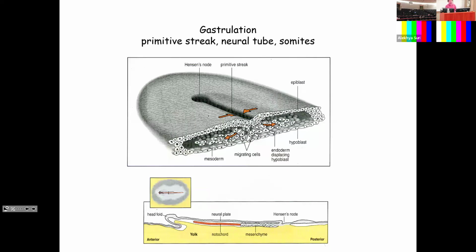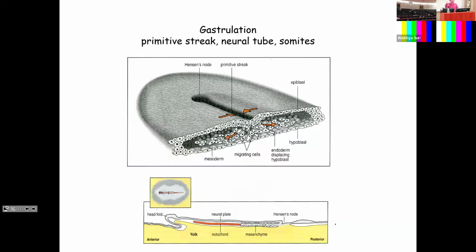That's the primitive streak. And this is another schematic. This is like a side view when the primitive streak is about to disappear. This is rostrocaudal. You can also call it anterior posterior. So this is a side view in which you see anterior posterior portions and the end of a primitive streak.